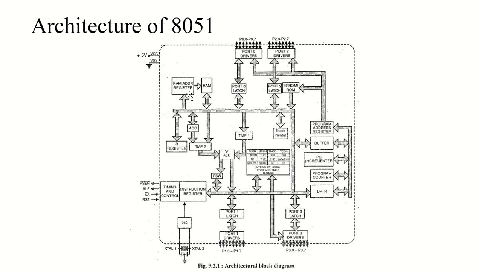So normally the stack is placed at a higher location in the internal RAM in order to avoid conflict with the register banks, bit addressable and scratch pad areas in internal RAM as well, right? So that was your stack pointer.